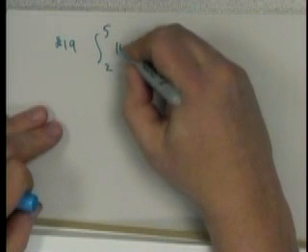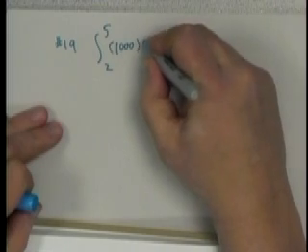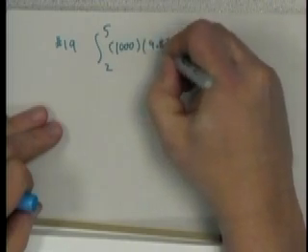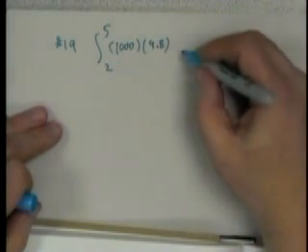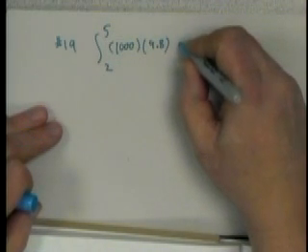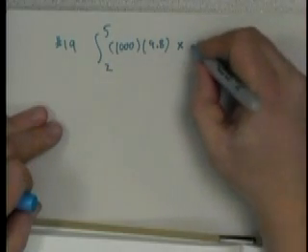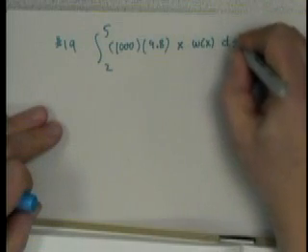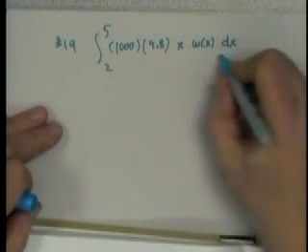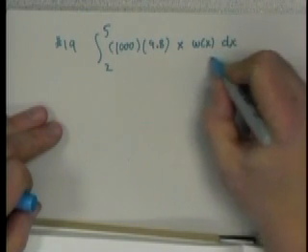We're using water, so it's again 1,000 kilograms per cubic meter times 9.8 meters per second squared for acceleration. And then the depth is, well, we can call whatever letter we want, x, and then the width, I'll call it w of x dx. This together represents the area at a certain depth.